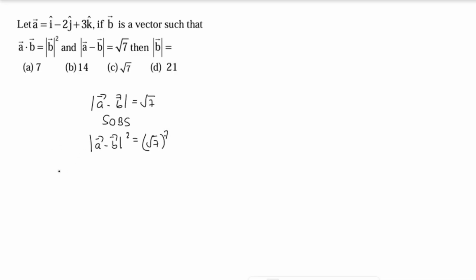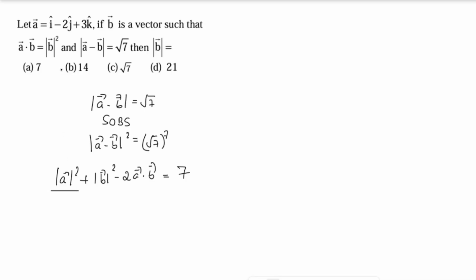So what is A minus B the whole square? Magnitude of A square plus magnitude of B square minus 2 into vector A dot vector B is equal to root 7 the whole square, which becomes 7.